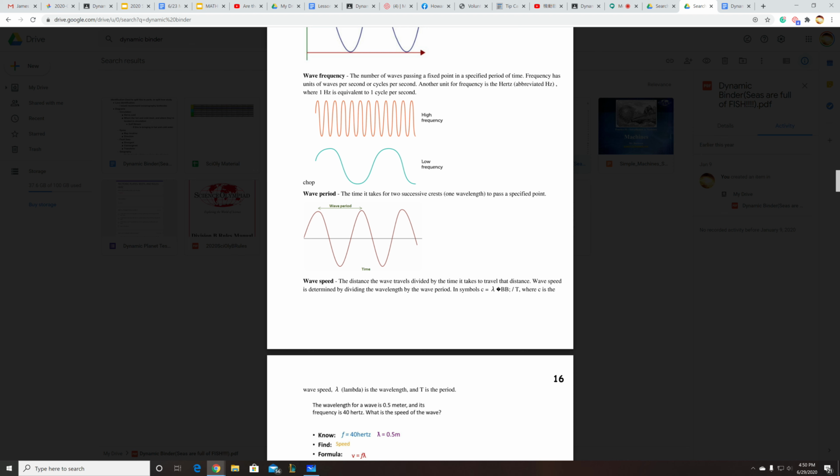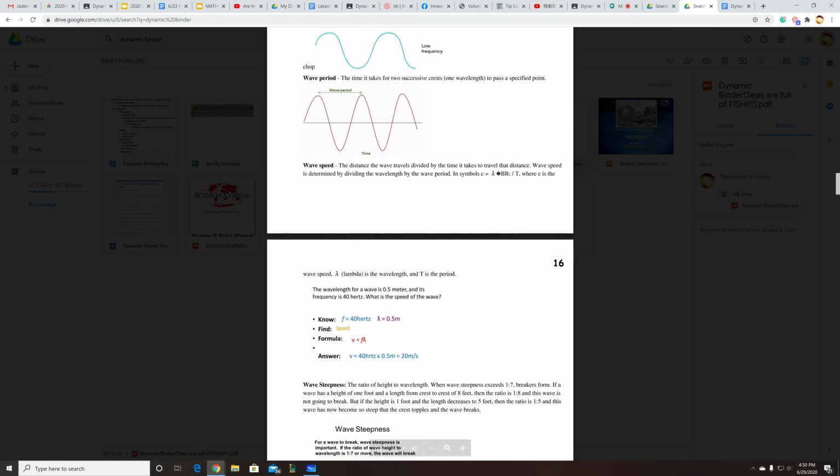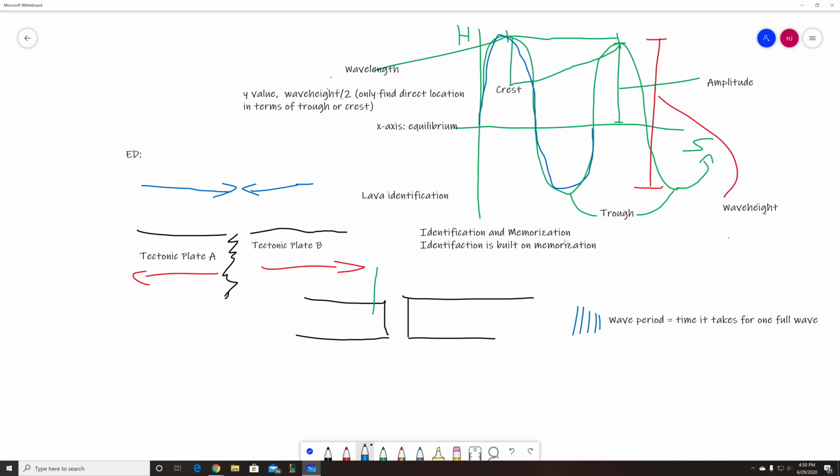Two successive crests. Wait a second. I'm being dumb here. It's two of them, isn't it?